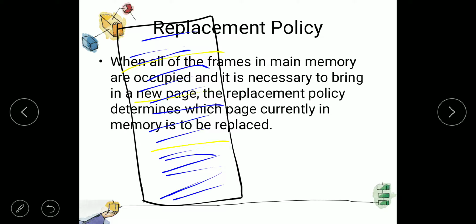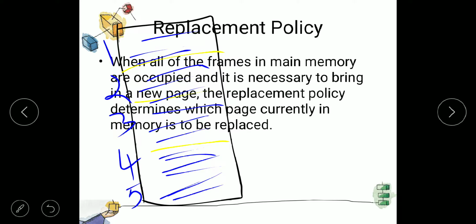So it is completely filled. Let's assume that there are 5 pages allocated in it. Now out of these 5 you need to find which particular page can be replaced. So here the operating system needs to act very cleverly.